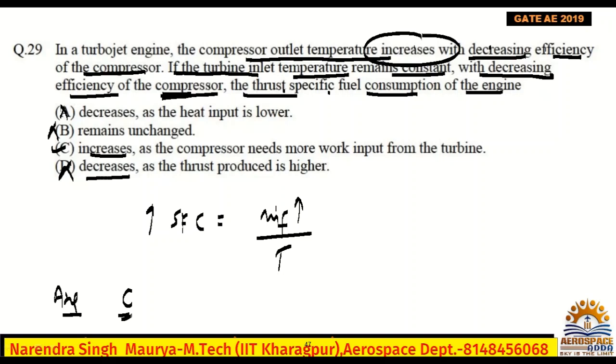Yes or no? Whether it is an airplane, your bike or your car, you want to burn less fuel to travel from one location to another. So SFC should always be very low, and you will always try to decrease the SFC.